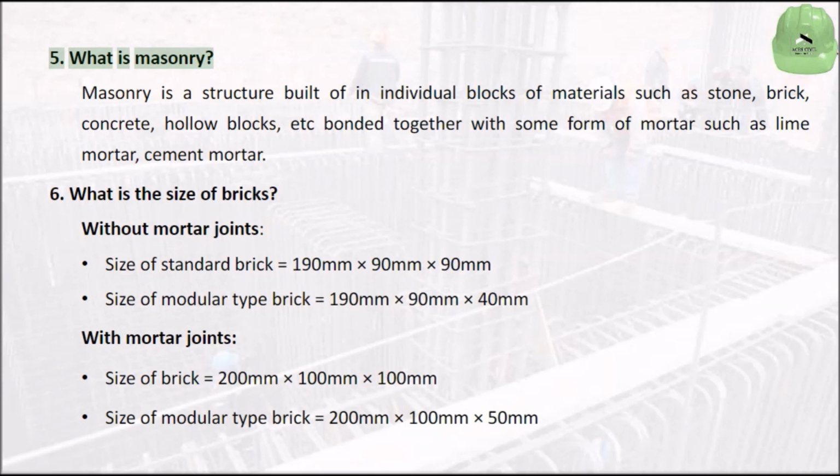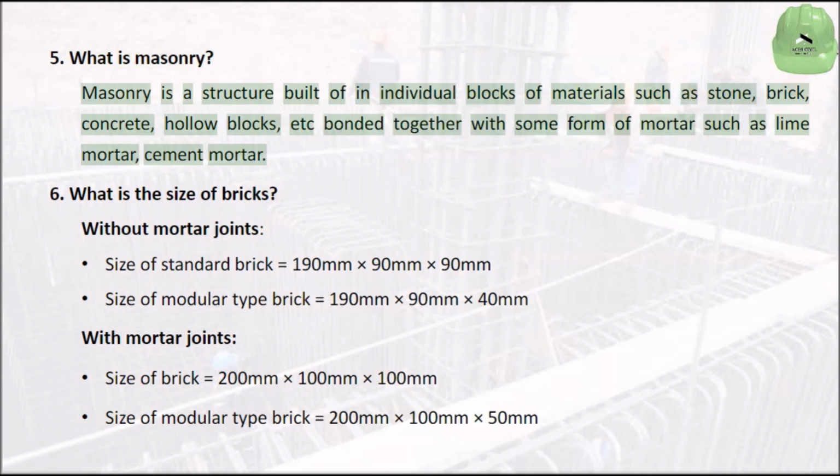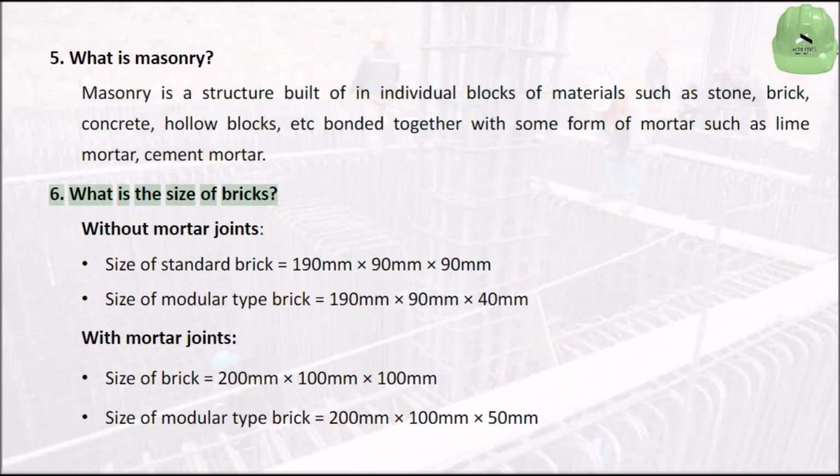5. What is masonry? Masonry is a structure built of individual blocks of materials such as stone, brick, concrete, hollow blocks, etc., bonded together with some form of mortar such as lime mortar, cement mortar. 6. What is the size of bricks? Without mortar joints: size of standard brick equals 190 mm times 90 mm times 90 mm.